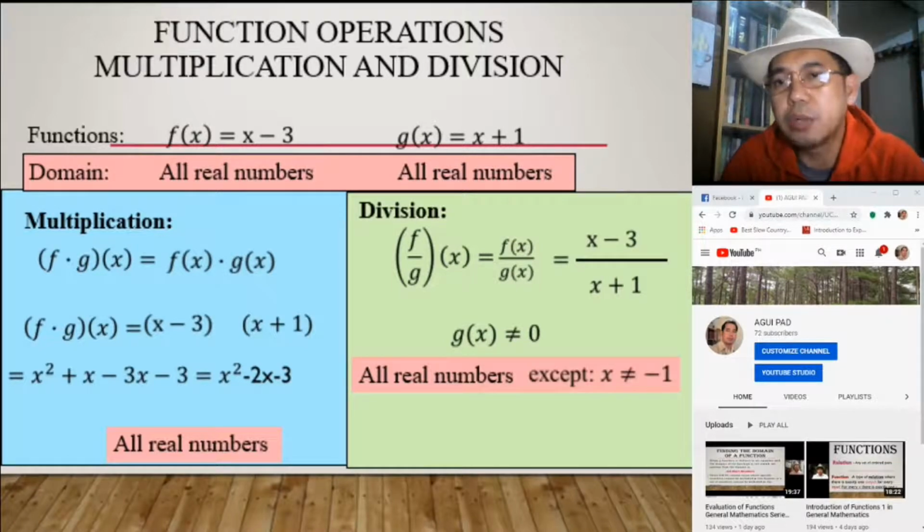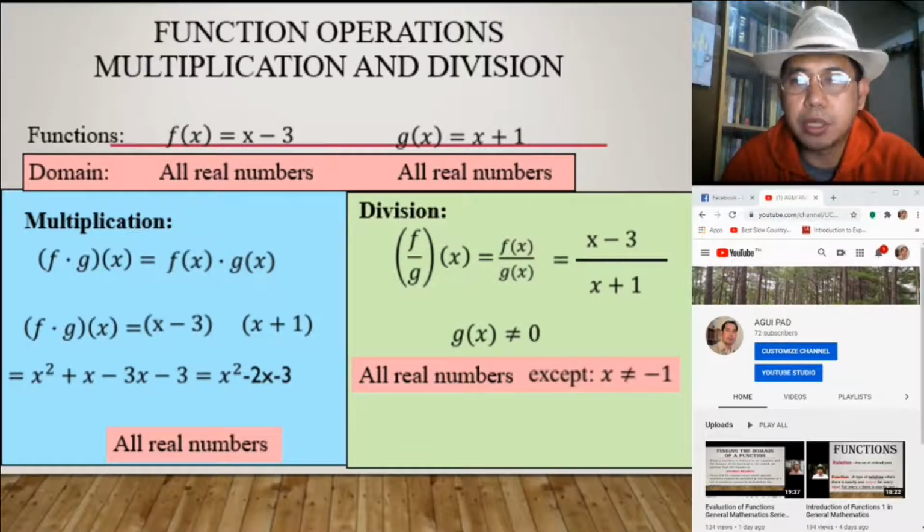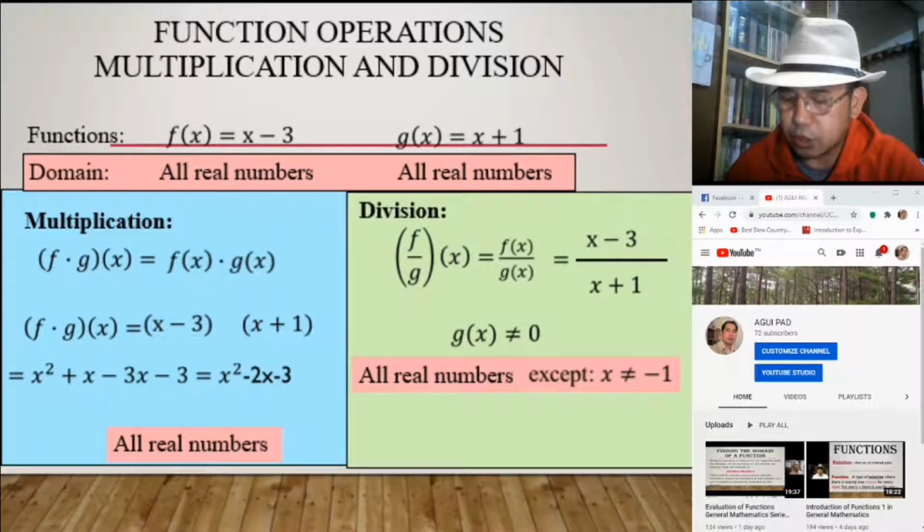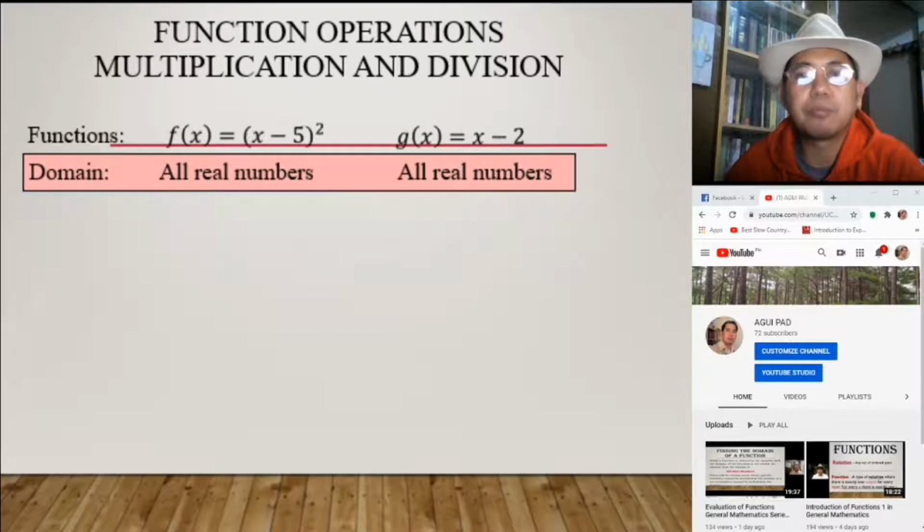So all real numbers except negative 1. Those are the domain of the function.